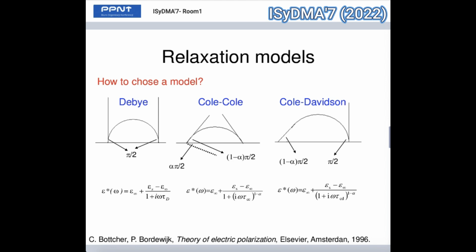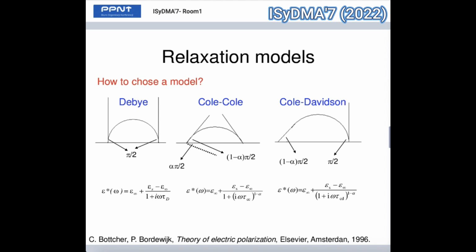A third possibility is if you do not have exactly this circle, but a deformed circle, something like that. On this side, in the high frequency regime here, we have more or less a straight line. We can have this Cole-Davidson model. In my opinion, this Cole-Cole plot is very useful because we can actually decide what kind of model we can use.